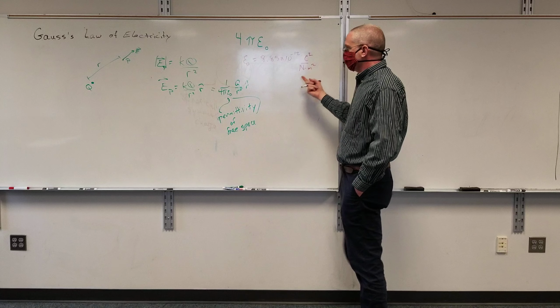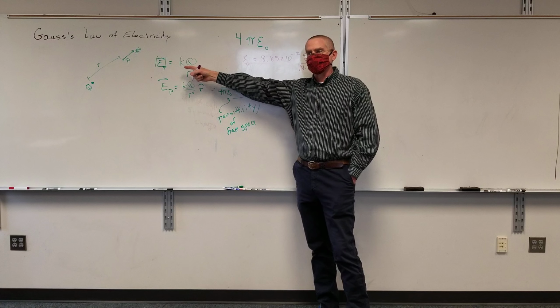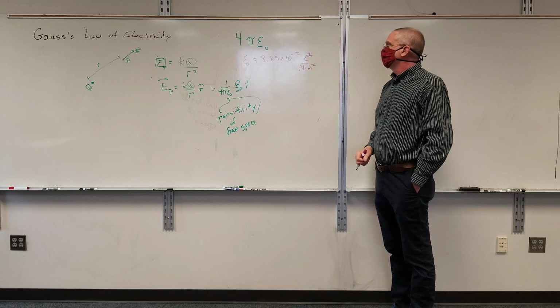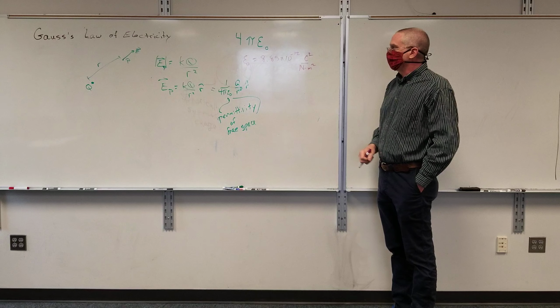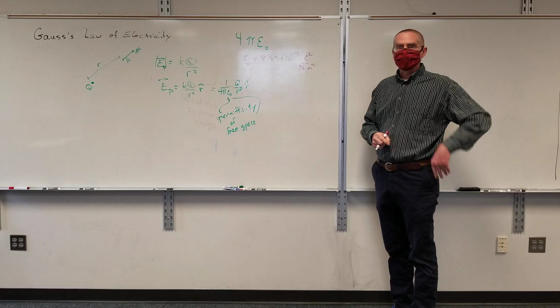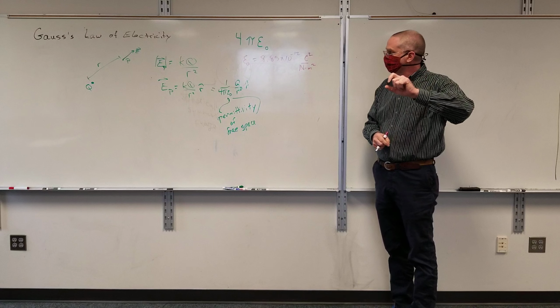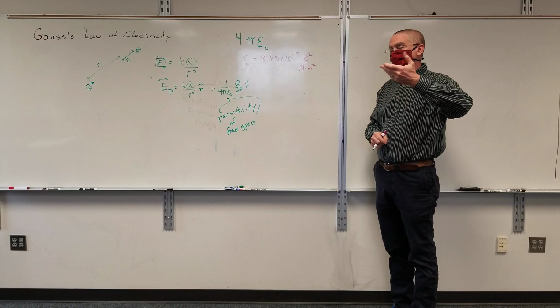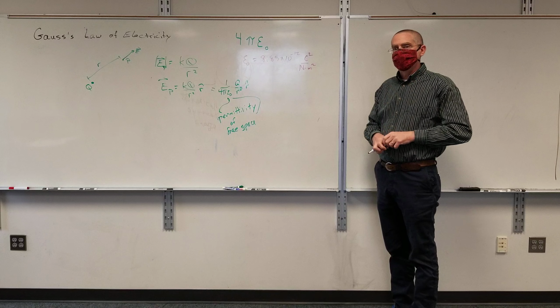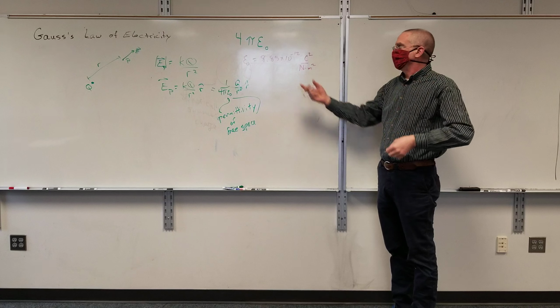The units are just the reciprocal of Coulomb's constant units. Remember, Coulomb's constant is 9 times 10 to the 9th, so that times 4 pi will get you 1 over epsilon sub naught. You can work it out later to convince yourself that's true.